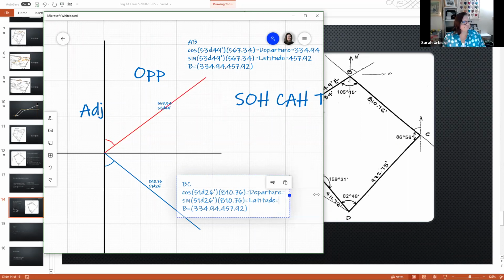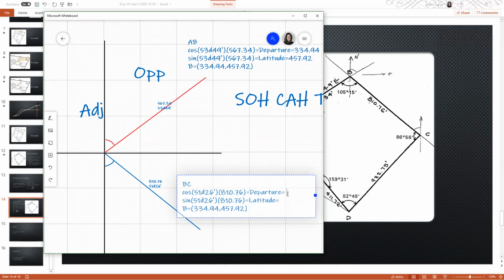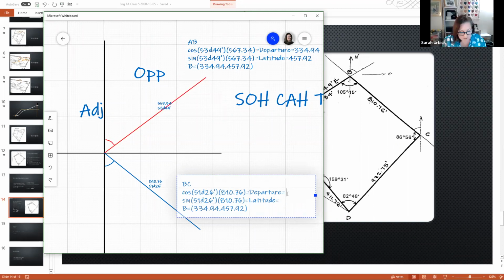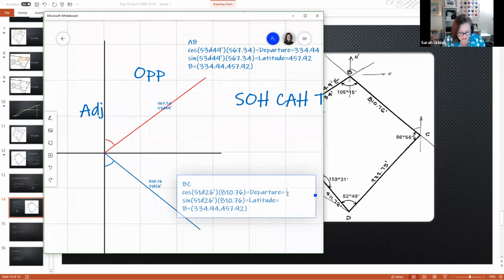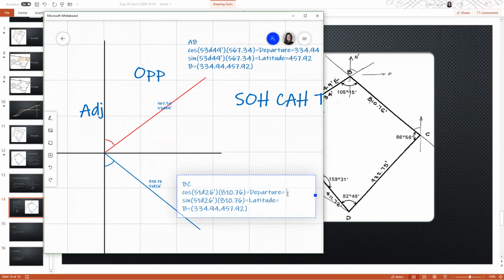All right. Everybody got numbers? So I have 26 minutes. I divide that by 60, I add my 51 back in, I take the cosine of that, I multiply by 810.76 and get 505.45.